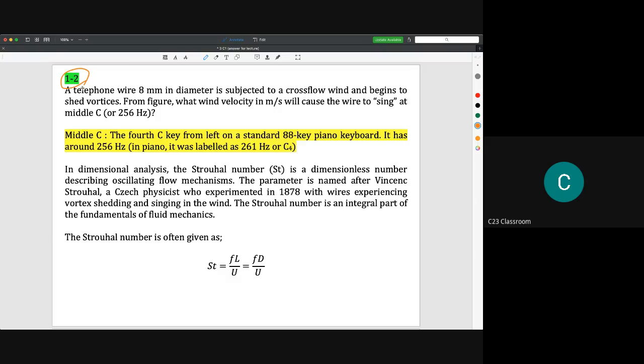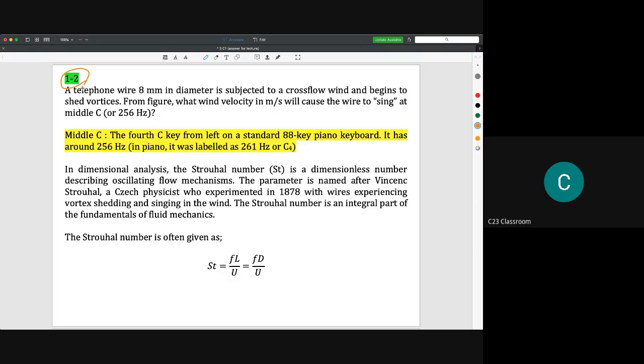I think I already gave you notes about the dimensionless parameters on my website. So you need to suit your application with the dimensionless parameter. Normally it's the Reynolds number, because the usage of the Reynolds number is to determine whether the flow is laminar or turbulent. But not all applications will stick with the Reynolds number.